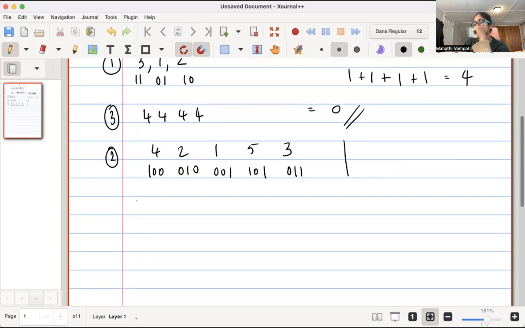Is there a pattern I see? Like if I XOR, 4 is square, 5 is square, no square.